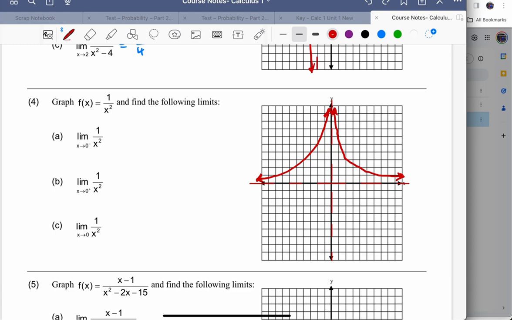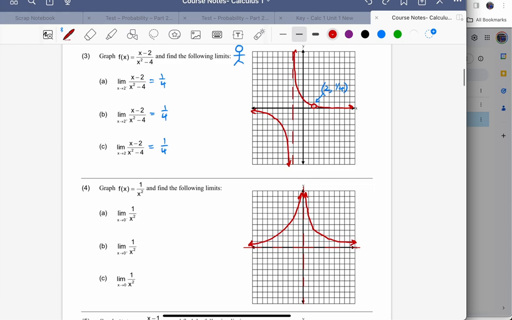So as I come in from the left, let me get the little dude here. Coming in from the left, as I get closer and closer to the x value of 0, it looks like I'm going up forever, so follow that path. Coming in from the right, same deal, going up forever. Because this is a symmetric graph, they will actually be going to the same infinity.